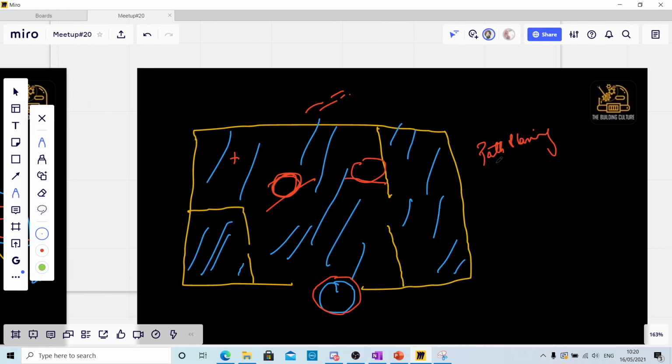But moving on to path planning, I'll just give a brief idea. You might have heard of A star algorithms, iterative deepening methodologies, breadth first search, depth first search. All these things come under a way of doing path planning.